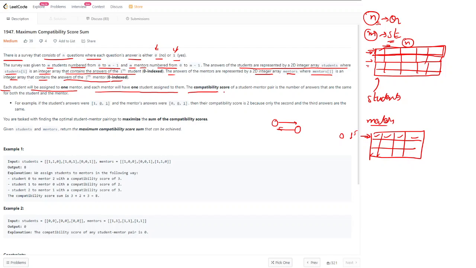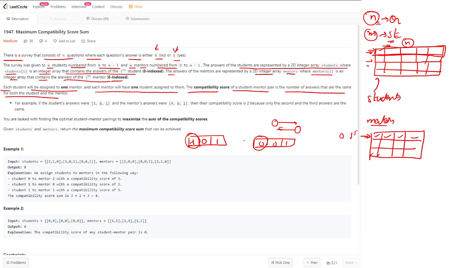The compatibility score of a student-mentor pair is the number of answers that are the same in both the student and the mentor. So suppose the student has given three answers, 1, 0, 1, and the mentor has given 0, 0, 1. For the compatibility score, you check for the first question what the answer is by the mentor as well as the student.